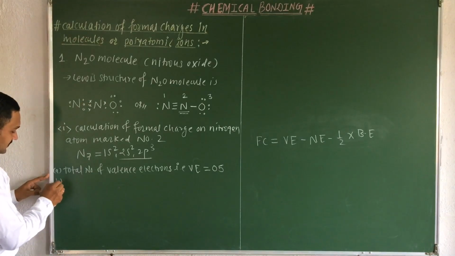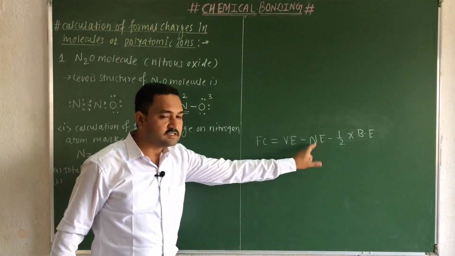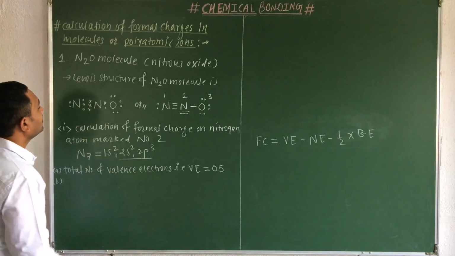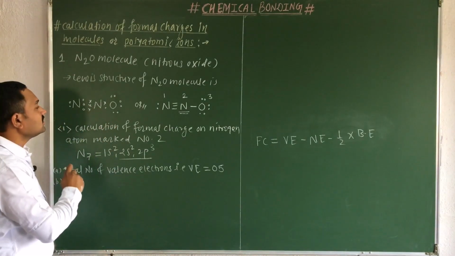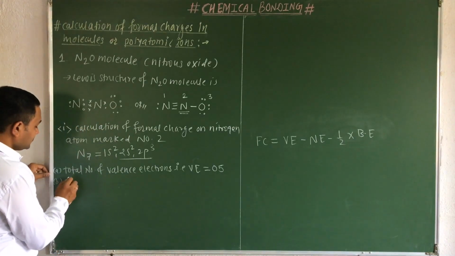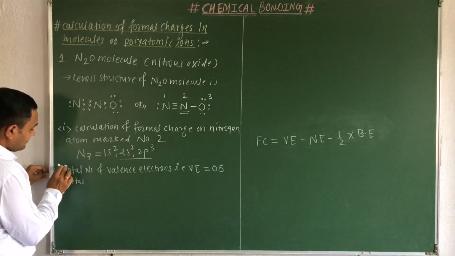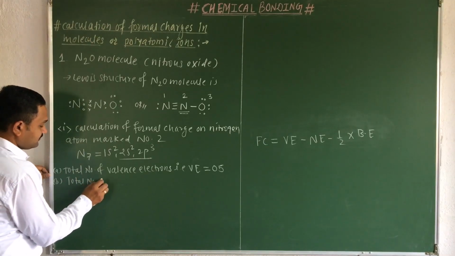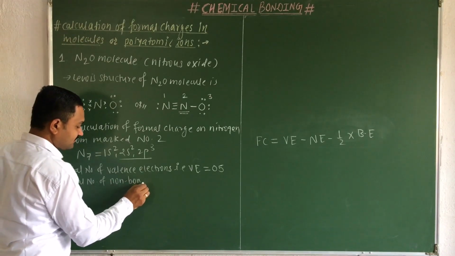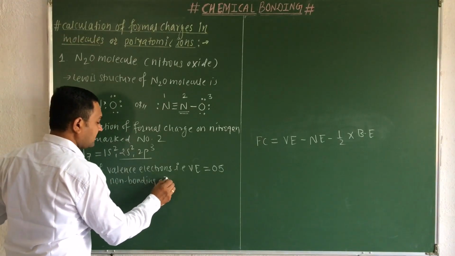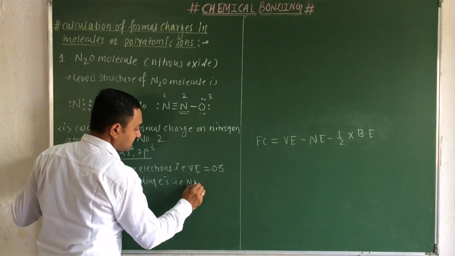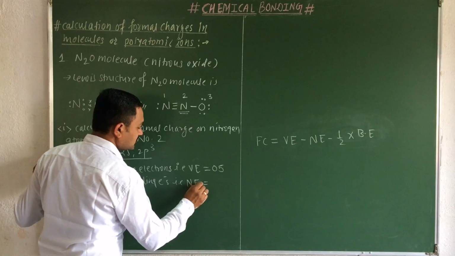Now the second term that we have to consider is the non-bonding electrons. You can observe this Lewis structure. From this Lewis structure you will understand the total number of non-bonding electrons, that is your NE, will be equal to.